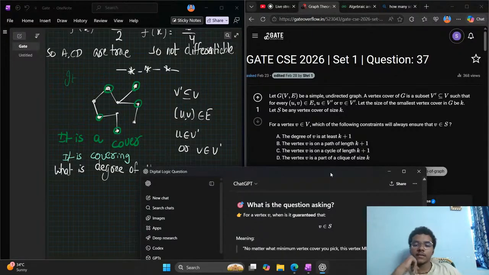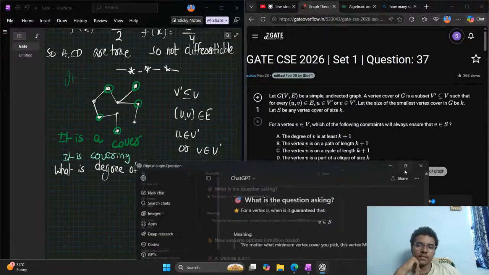S is the vertex cover. So what ensures that the vertex always belongs to the vertex cover? That is what we are being asked here. How to track this thing?